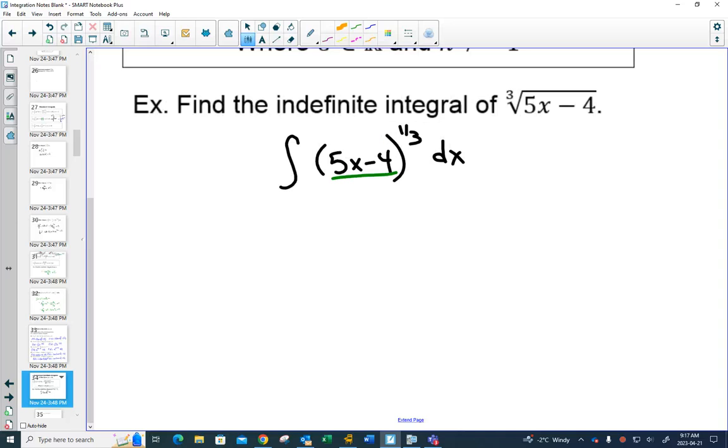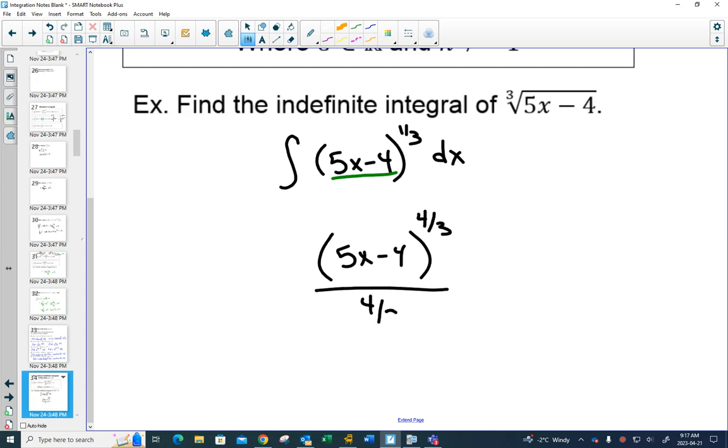First, I'm going to work backwards with, okay, I have a power. That means I add 1 to the exponent and divide. My chain rule, if I was checking this to see if I was right, if I would do the derivative of this, the derivative would also have a chain rule where you multiply by 5. So we're going to also have to divide by 5.